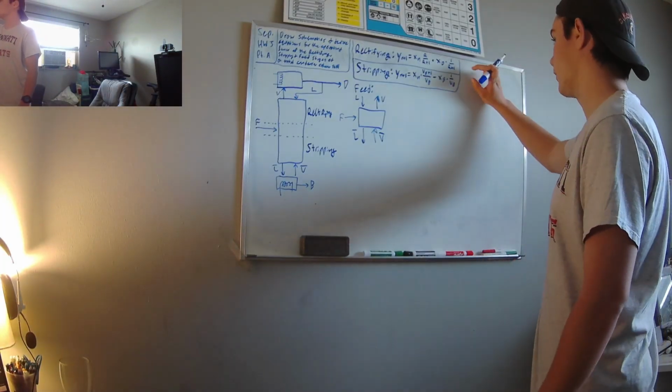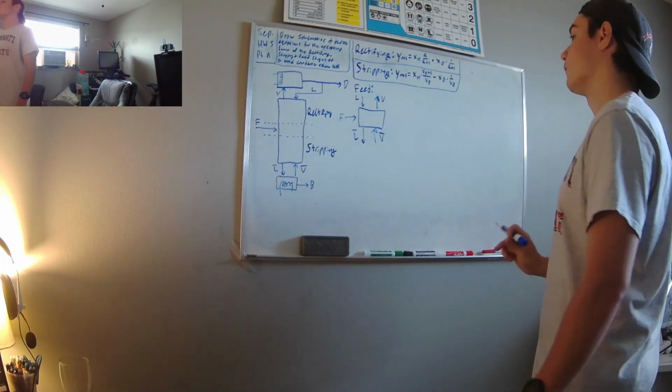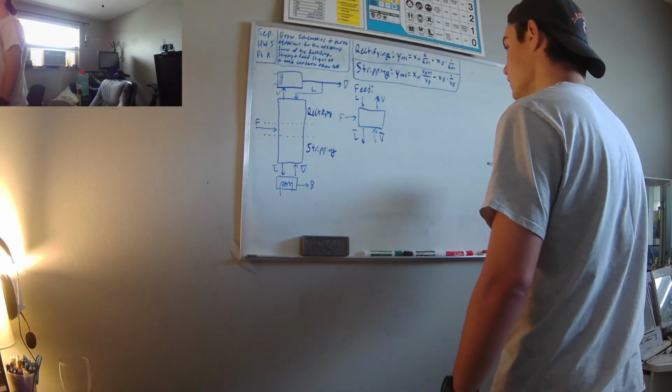So in order to find the operating line equation for our feed section, we're going to take a look at some of the earlier equations we derived for our rectifying and stripping sections.